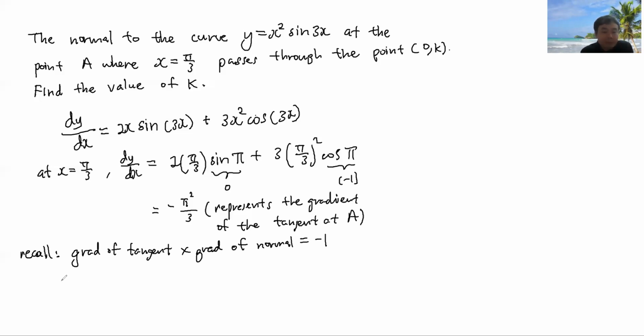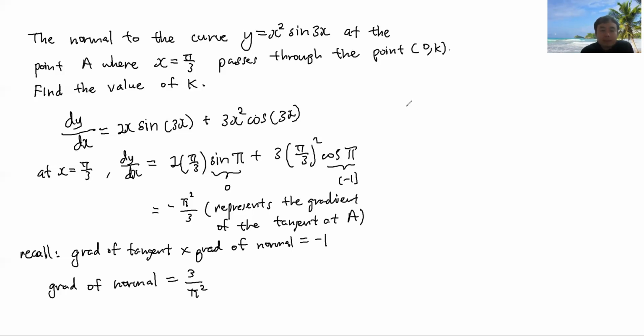So what do we get here? Our gradient of normal is basically 3 over pi squared. Okay, so now let's move on to find the equation of the normal.